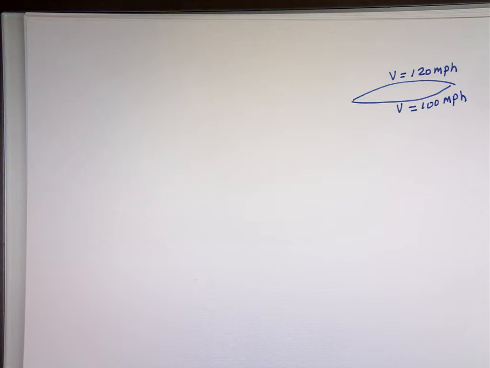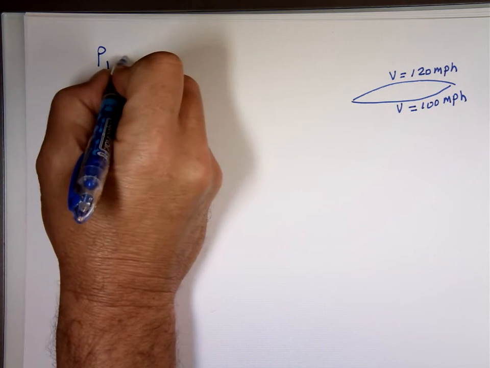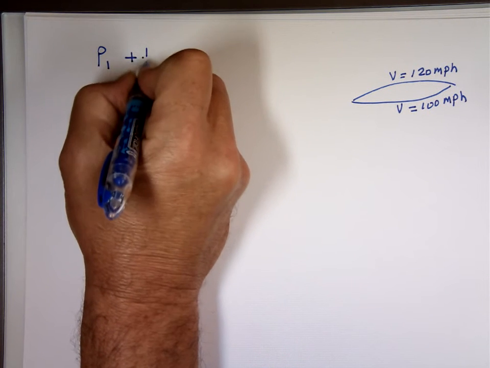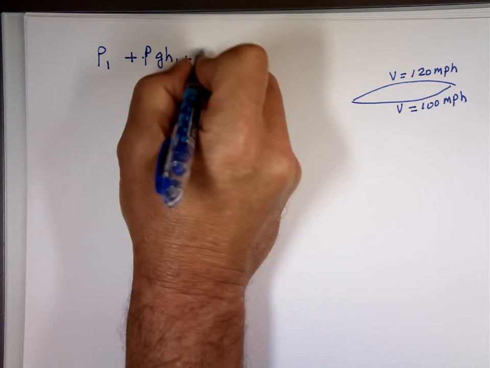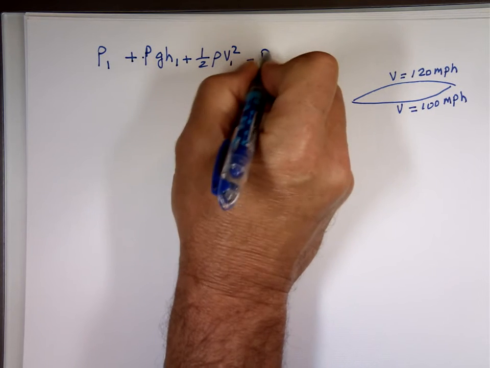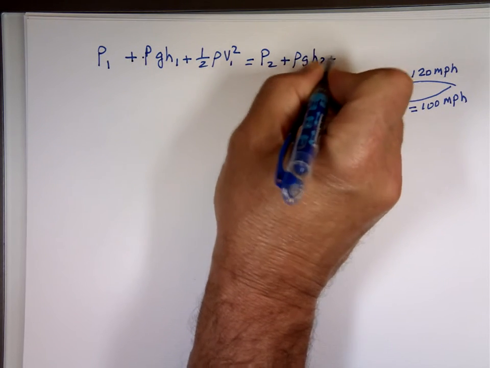We can neglect that. Bernoulli's equation says the pressure on the bottom plus rho gravity times height 1 plus 1/2 rho V1 squared equals pressure 2 plus rho gravity times height 2 plus 1/2 rho V2 squared.